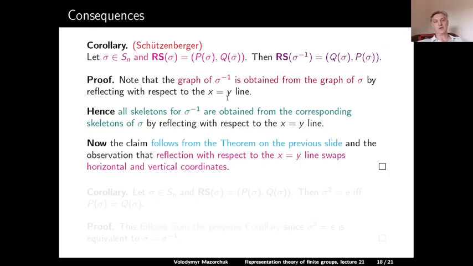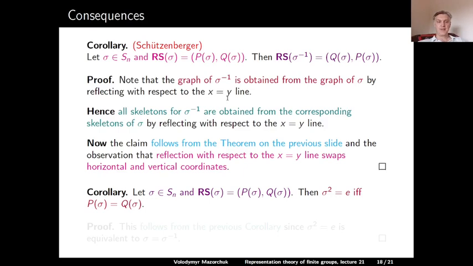And now the claim follows simply from our main theorem by noting that when we reflect with respect to x equals y, then horizontal and vertical coordinates interchange. So the Robinson-Schensted correspondent for sigma inverse is obtained from the Robinson-Schensted correspondent for sigma by swapping the two tableaus.